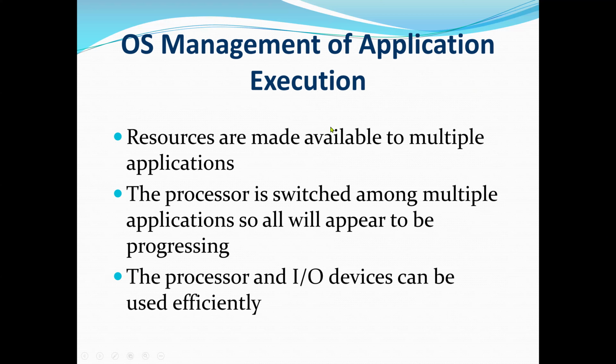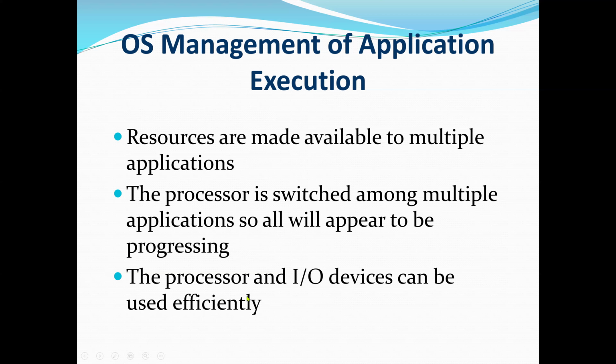So now that we have the concept of applications, system software, and resources, we are in a position to discuss how the operating system can, in an orderly fashion, manage the execution of applications so that, one, the resources are made available to multiple applications. Second, the processor is switched among multiple applications so all will appear to be progressing.